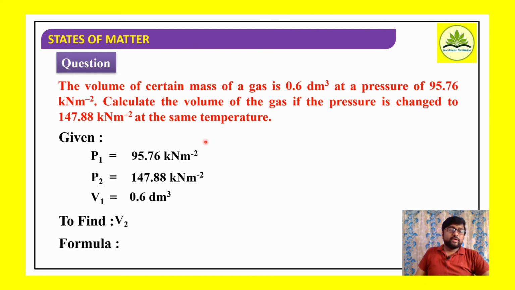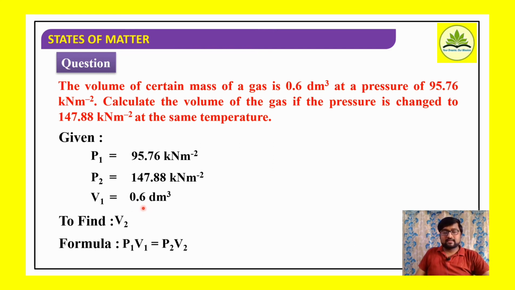For V2, we already know the formula P1 V1 is equal to P2 V2, and let us analyze here: when pressure increases, what happens to the volume? Volume decreases. Means here we can analyze that the V2 value must be less than 0.6 dm cube.